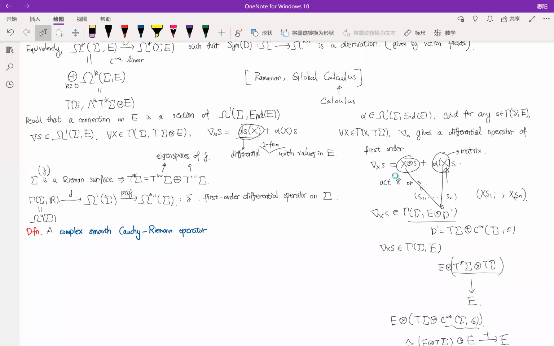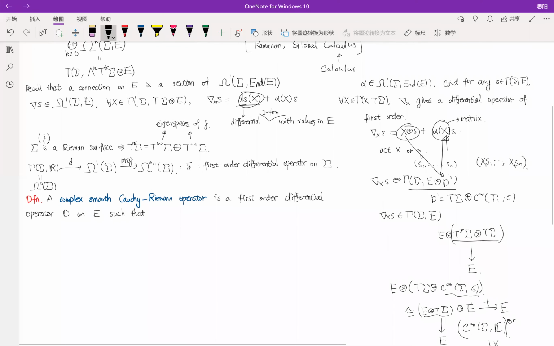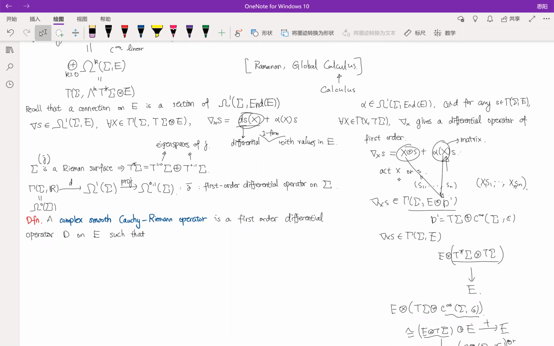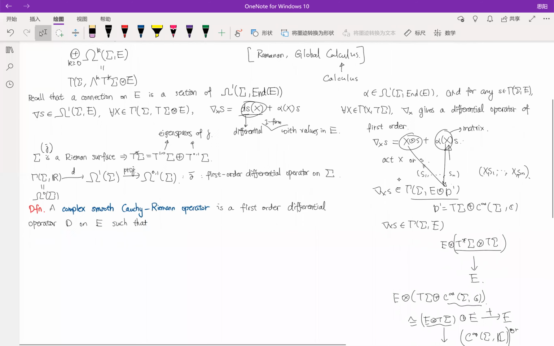So we say a complex linear Cauchy-Riemann operator is a first order differential operator D on E, such that we can also project it onto the space of 0,1 forms.